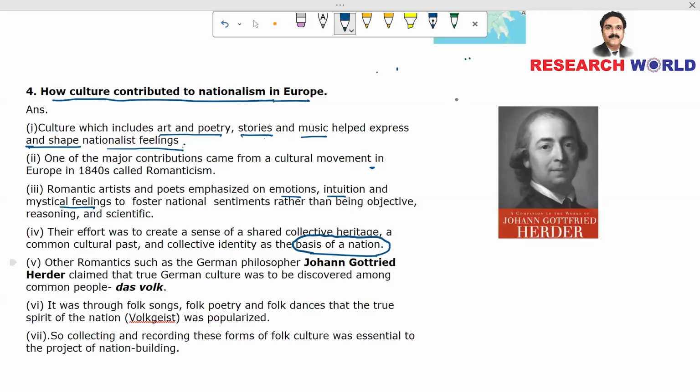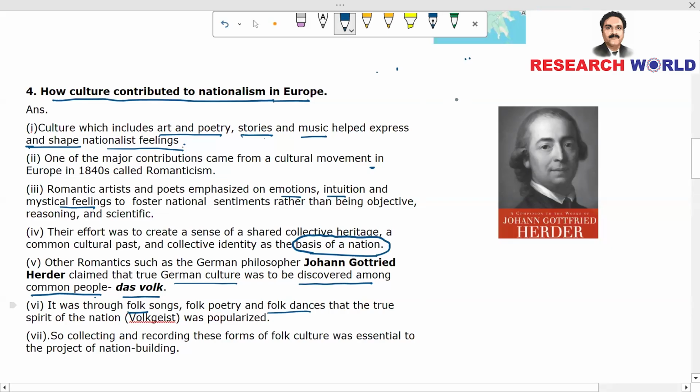Other romantics, such as the German philosopher Johann Gottfried Herder, claimed that true German culture was to be discovered among common people, that is, das Volk in German, the common man. It was through folk songs, folk poetry, and folk dances. What is the significance of the term folk here?